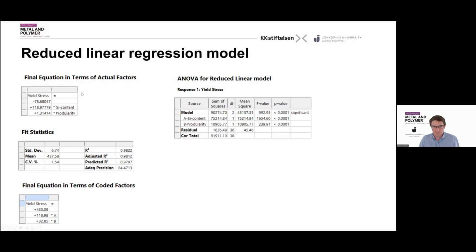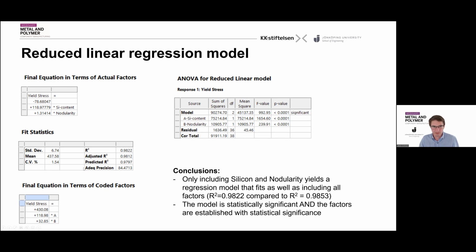So this is actually the knowledge that we really can make from this data set, with statistical significance and being sure that what we say is correct. And this model is actually working very well. It fits very well. So the conclusion we can make is that by only including silicon and nodularity, we yield a regression model that fits as well as including all factors.